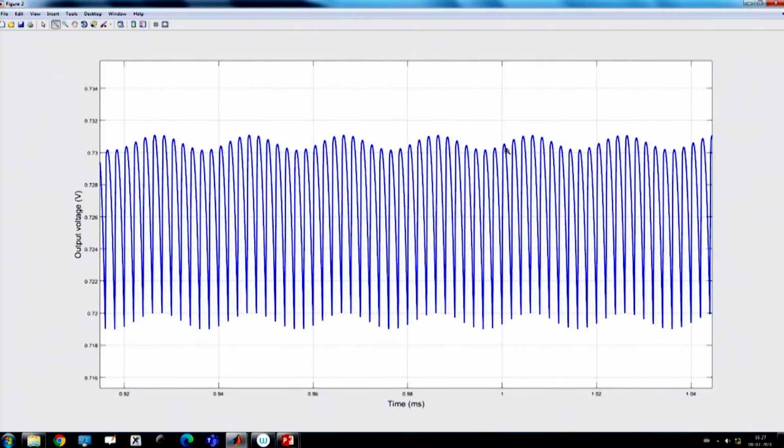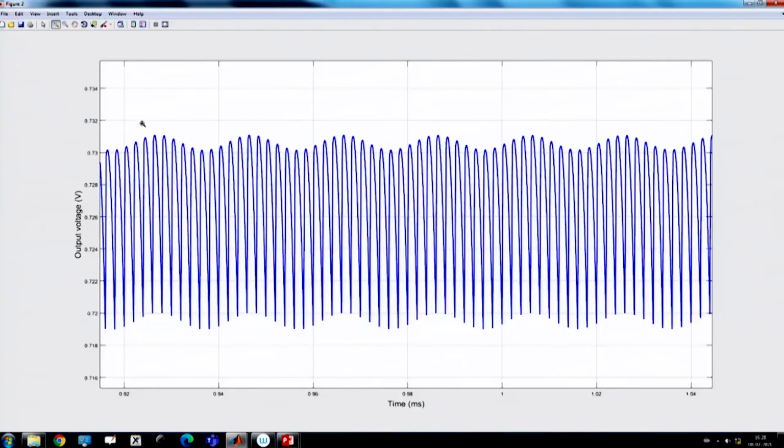That means any oscillatory behavior on the input side is reflected on the output side to some extent along with the DC value, and this particular term is known as audio susceptibility. That means if the supply voltage has any disturbance in terms of oscillation, whether the converter is able to reject it or it will appear at the output end.